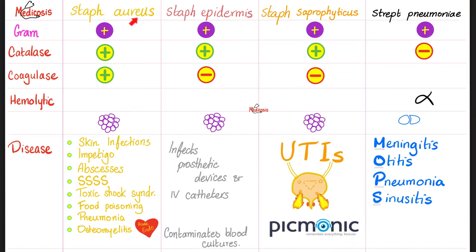Diseases caused by Staph aureus are many. Here's just a short list. Skin infections, impetigo, abscess, furuncle, carbuncle, folliculitis, you name it. Staph scalded skin syndrome for babies, toxic shock syndrome, food poisoning, pneumonia, osteomyelitis, and others. We shall talk about them in the next video.